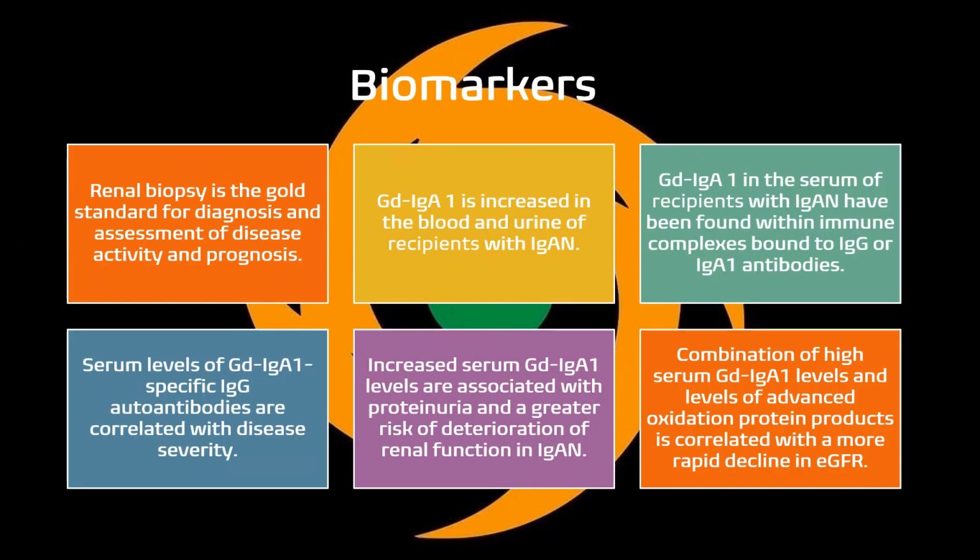So in relating to the biomarkers, as part of the diagnoses, a renal biopsy has been one of the gold standards for diagnosis and assessment of disease activity and prognosis.